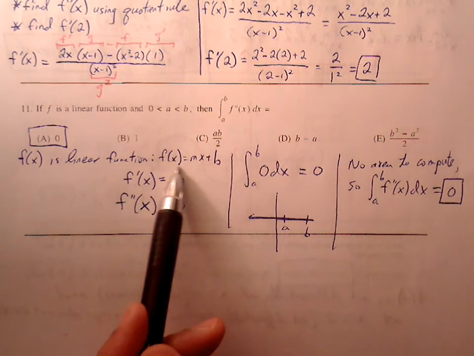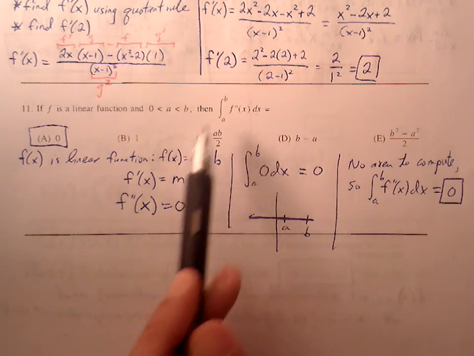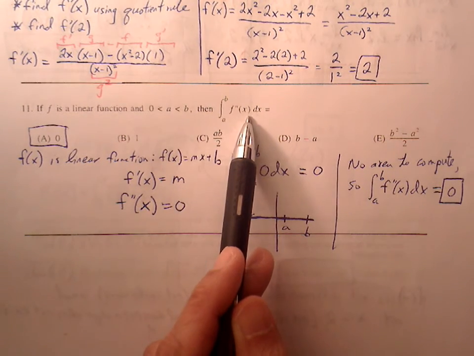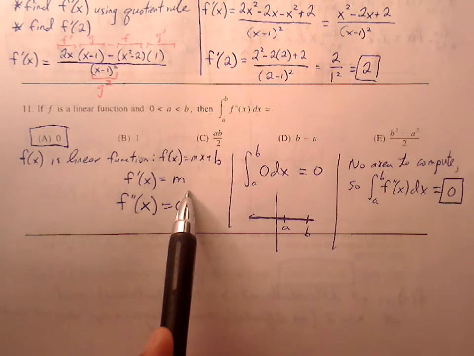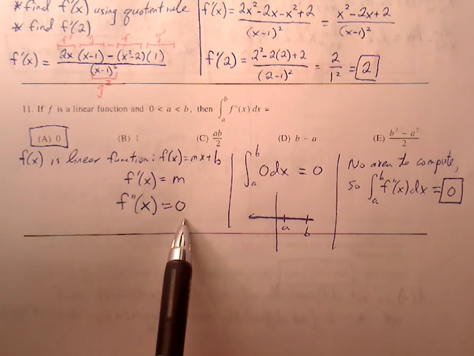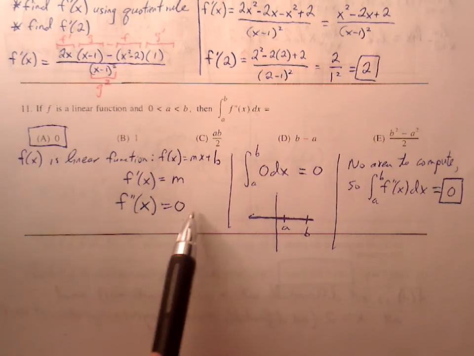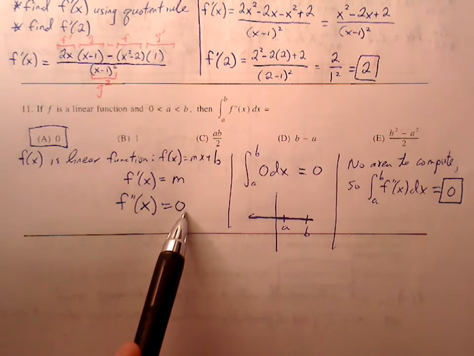I'm going to just leave it as y equals mx plus b. So if I want to find a second derivative, that means f prime is just going to be m, and that numeric value's derivative is just going to be 0. So essentially, it doesn't matter what my linear graph is, my second derivative is always going to be 0.